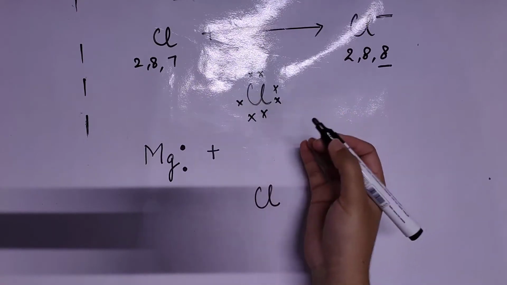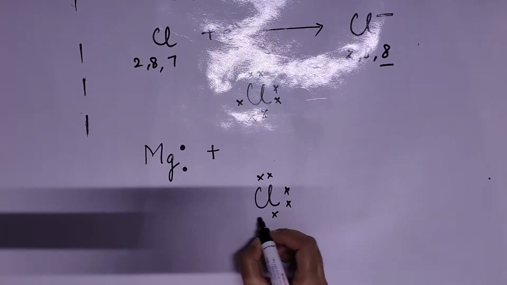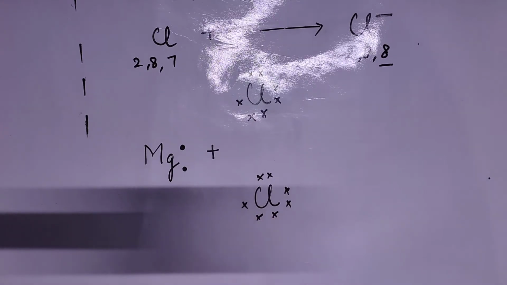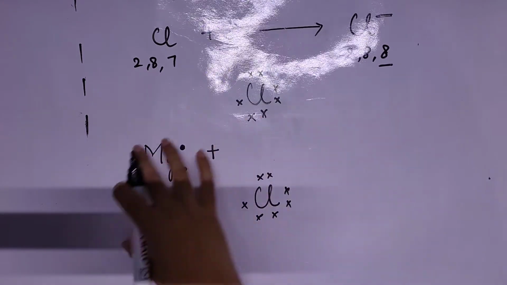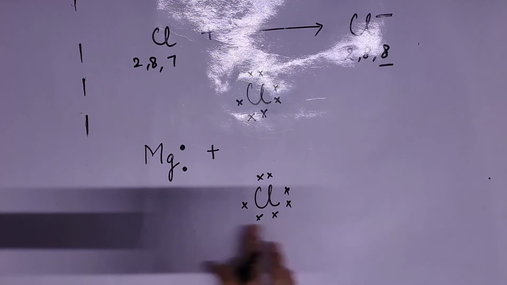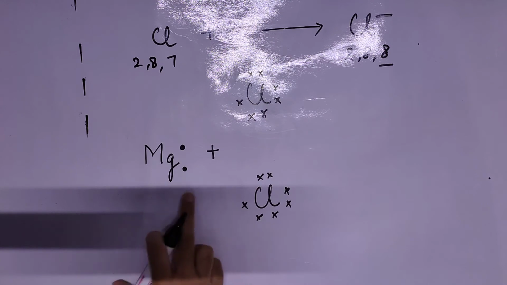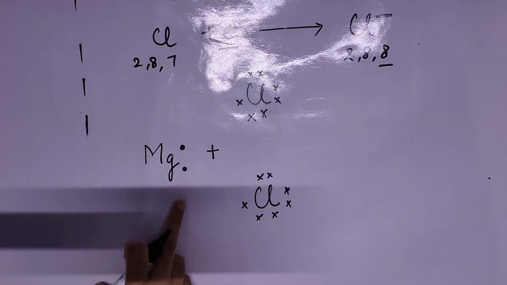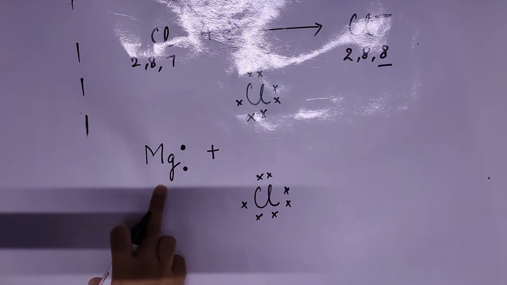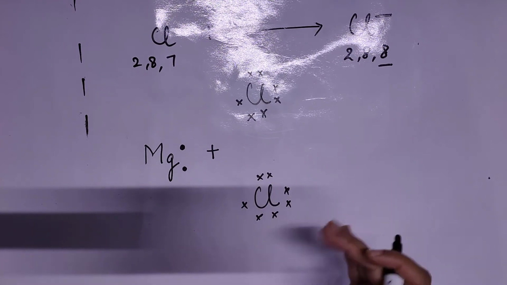Each chlorine atom has 7 valence electrons, which we represent with the help of crosses. So this is how first of all we write the symbols of the elements, metals and non-metals, and then the valence electrons. And keep in mind that the symbol for valence electrons which you show for the metal should be different from that for the non-metal.